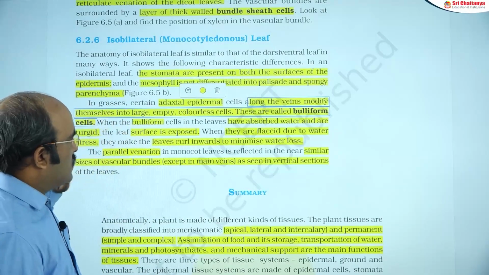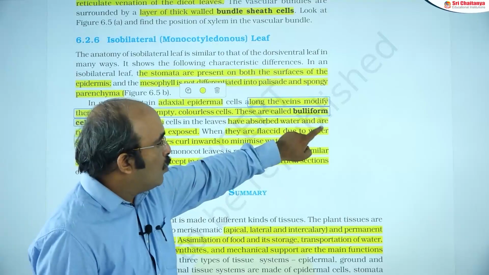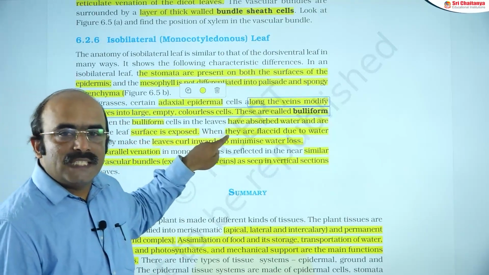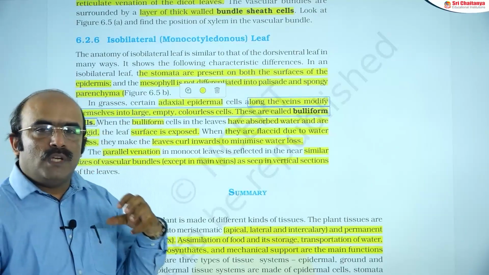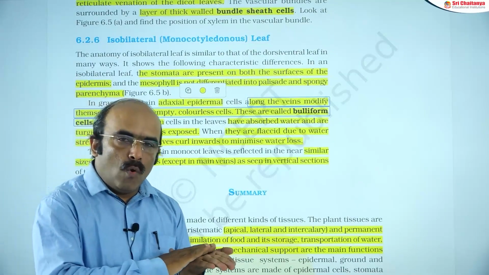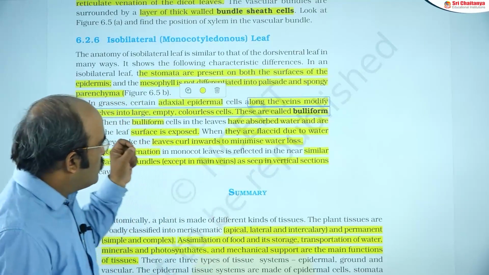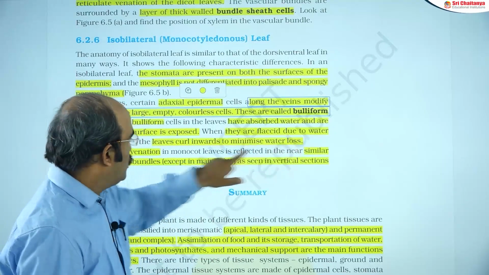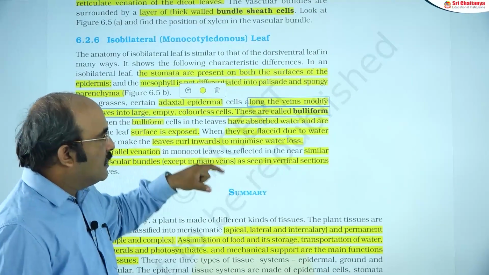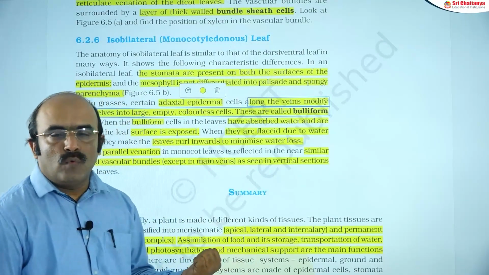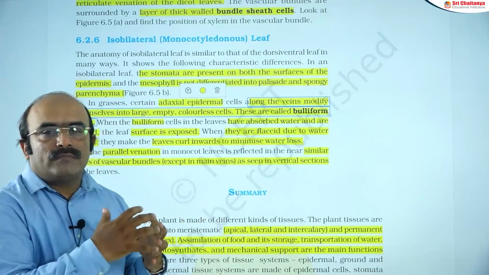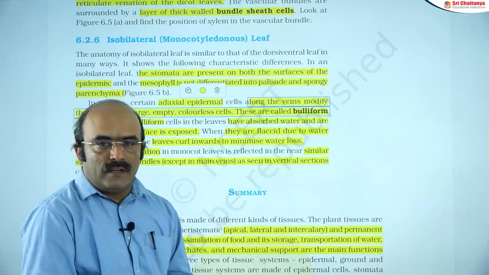So when these bulliform cells have absorbed water and are turgid, the leaf surface is exposed. So when the bulliform cells are full of water, the leaf lamina will be open. If the bulliform cells are flaccid due to water stress, then they make the leaves curl inwards, and therefore when the leaf lamina is not exposed to sunlight, the rate of transpiration will go on decreasing.